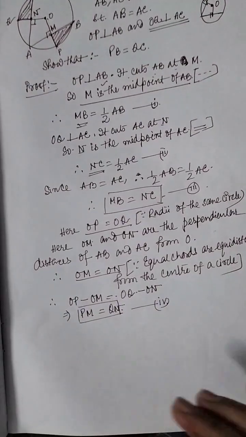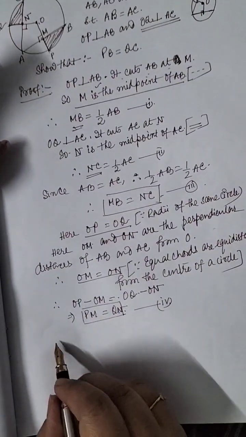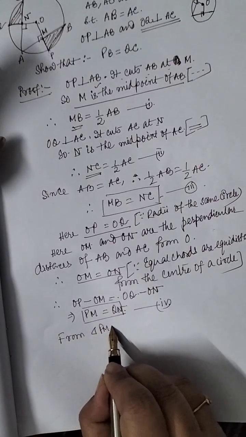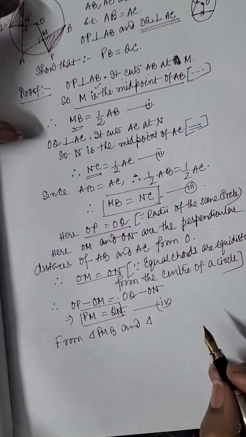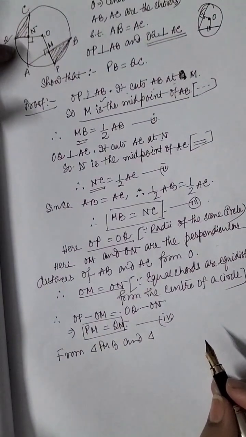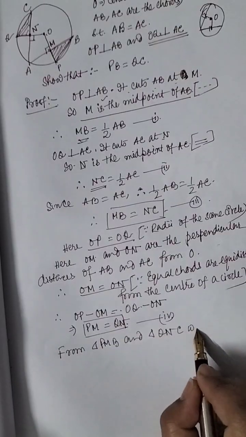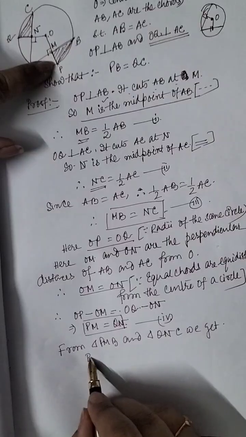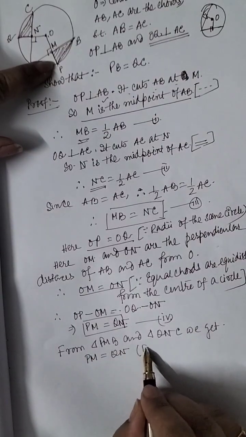So from triangle PMB and triangle QNC, we get PM equals to QN from 4.